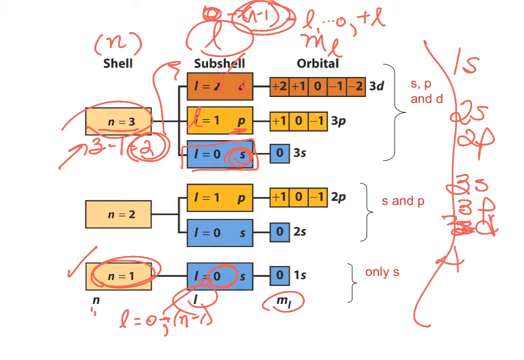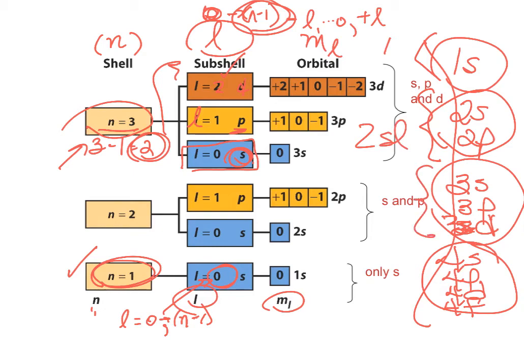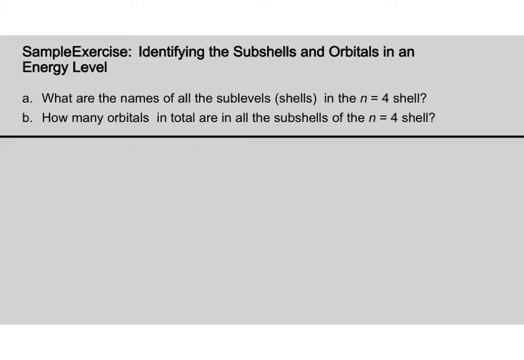And energy level 4 has s, p, d, and f. Okay, so now you're seeing the ramifications of those limitations. What's also handy to remember is energy level 1 has 1 sublevel, energy level 2 has 2 sublevels, energy level 3 has 3 sublevels.